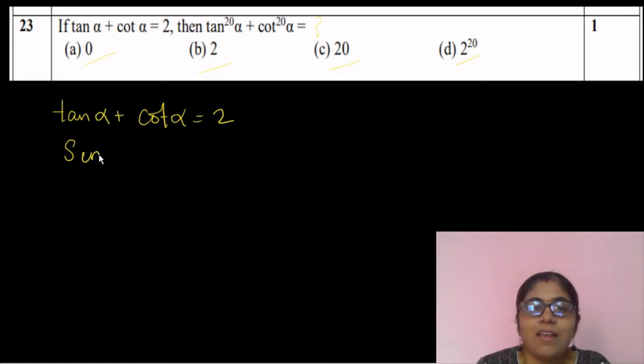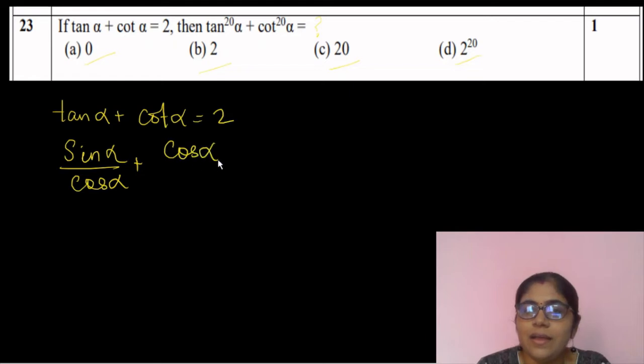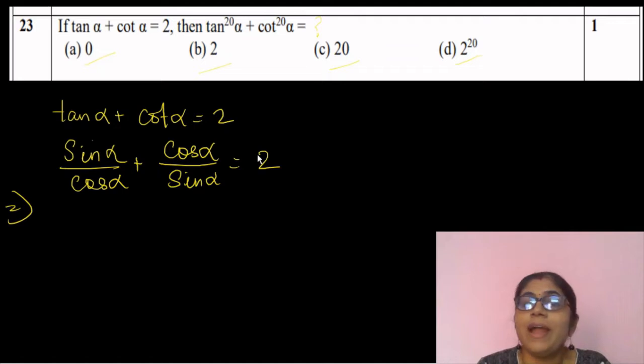This is sin alpha by cos alpha plus cos alpha by sin alpha equals 2. So this implies that sin square alpha plus cos square alpha equals 2 cos alpha into sin alpha. So sin square alpha plus cos square alpha will be 1.